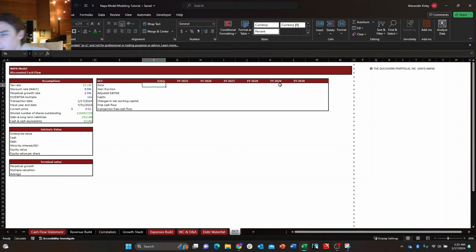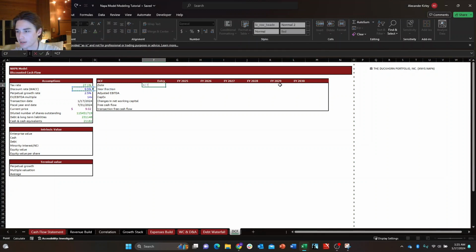Diving right in, our entry date, so what date we are entering the transaction or initiating coverage of this, is referring here.